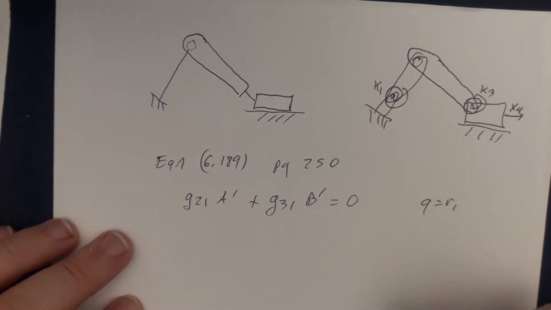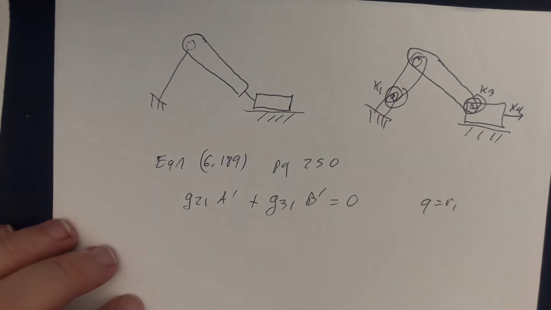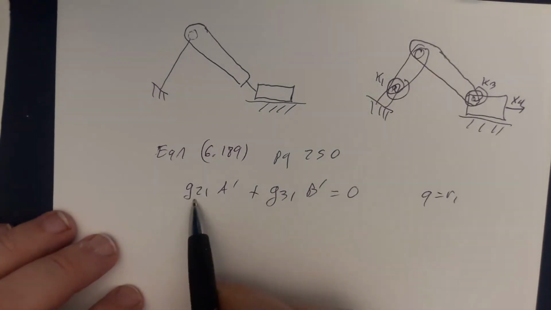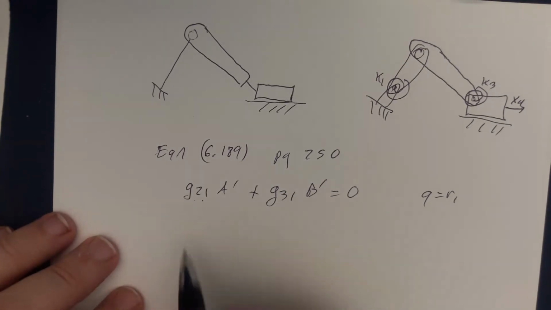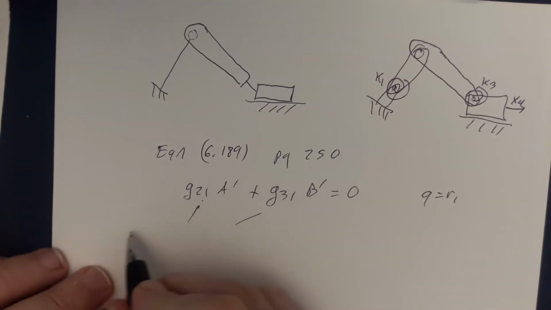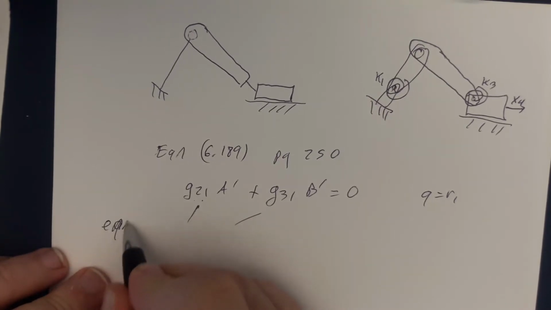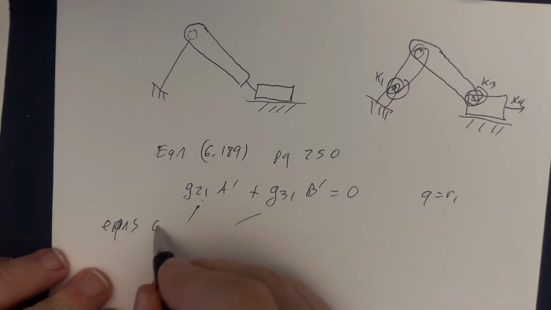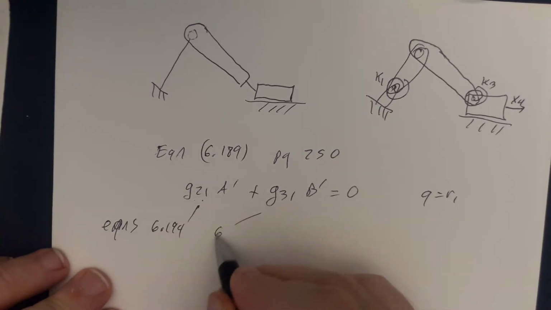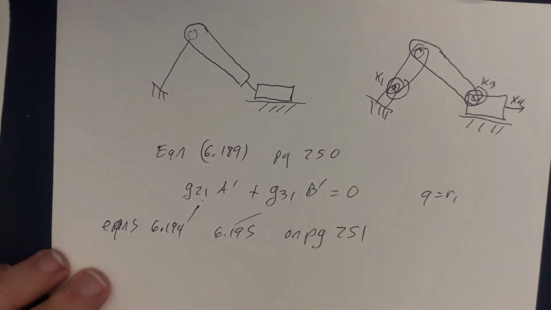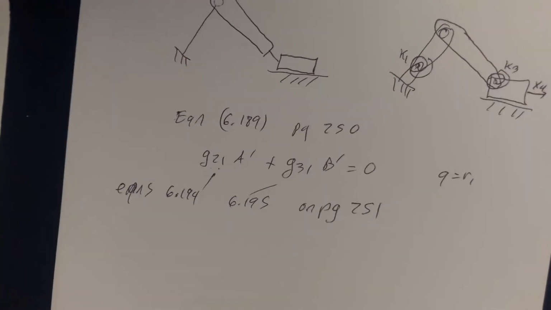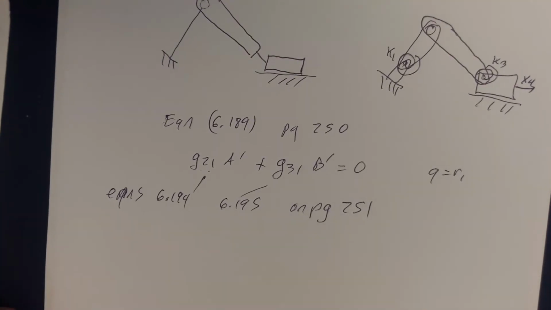That just means our input that we're thinking of is going to be R1. And so these G21 and G31 are kinematic coefficients. Those are up here in equations 6.194 and 6.195 on page 251. So those are just things we can look up because 4-bar is pretty standard.